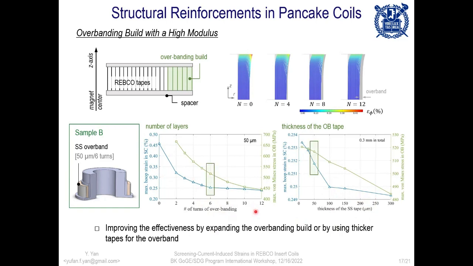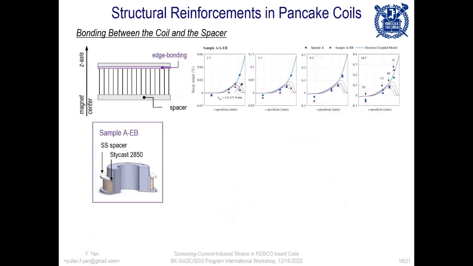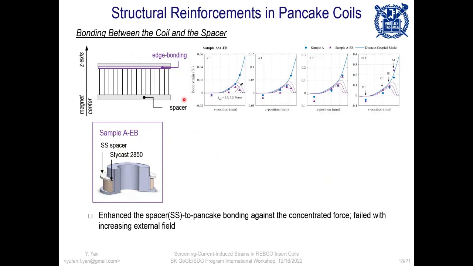Here, the 2 blocks show the parameters used in coil sample B. Then we can also apply a bonding agent between the top of the pancake coil and the spacer. Here we used die-cast as a first trial and a stainless steel spacer in sample A-DB. Here it is demonstrated in the low field as shown on the figure here.